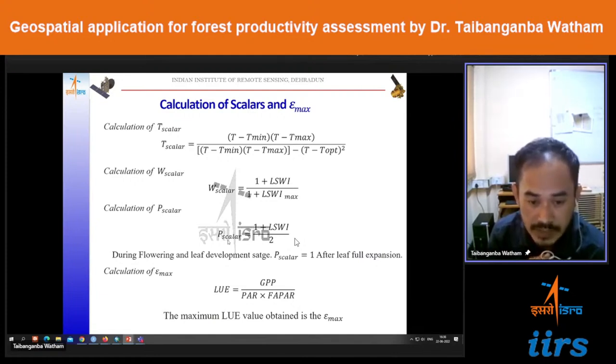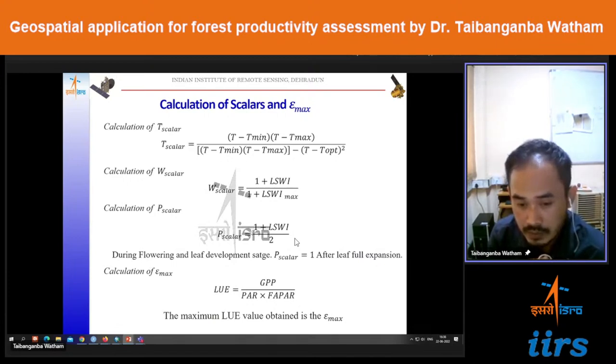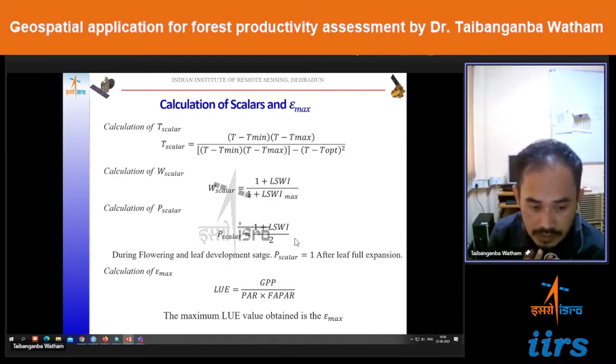Then the third thing is the P scalar. The P scalar can be calculated easily using (1 plus LSWI) divided by 2. But generally, the P scalar is only used during the time of flowering and leaf development.